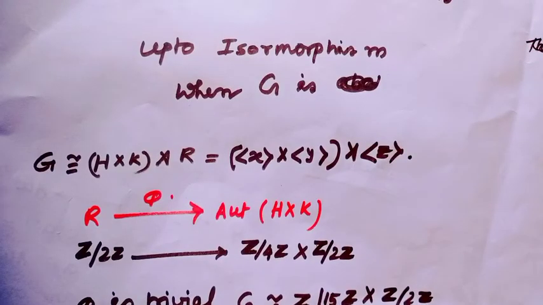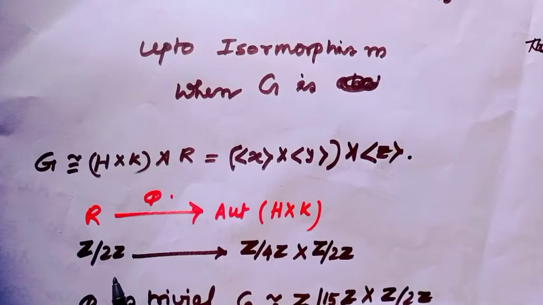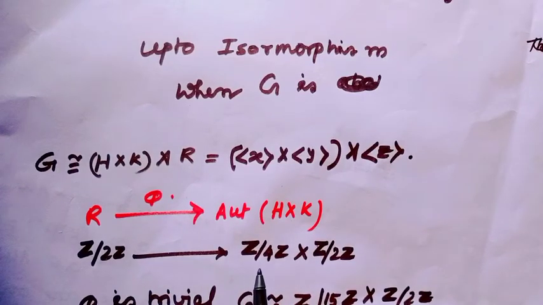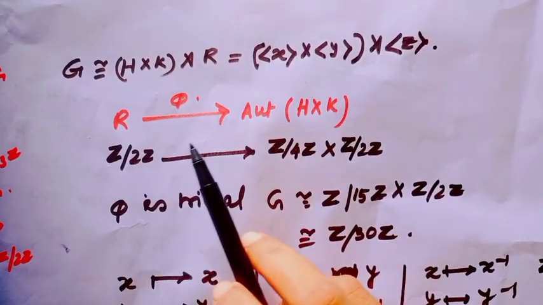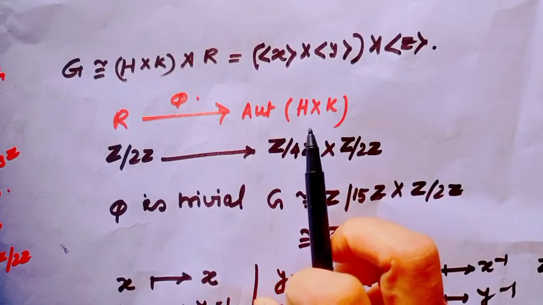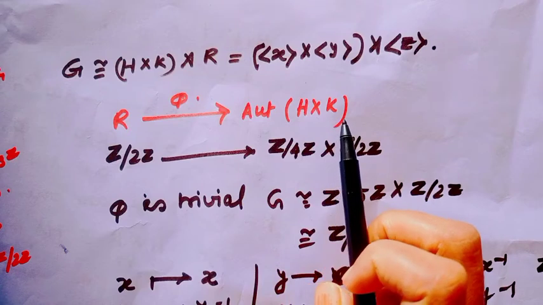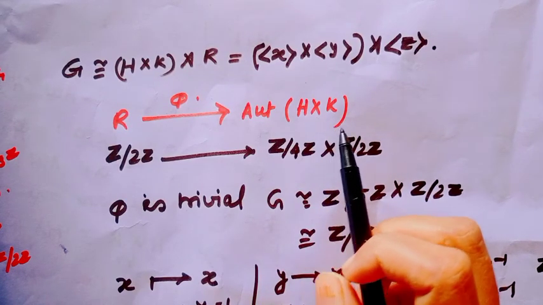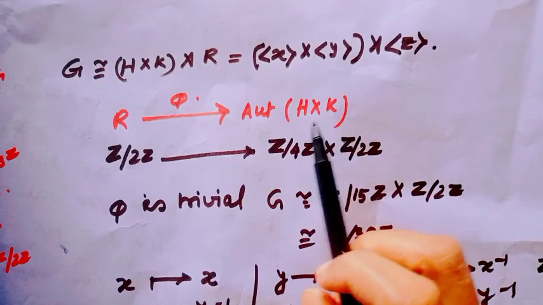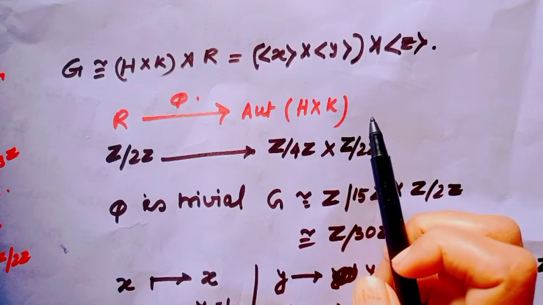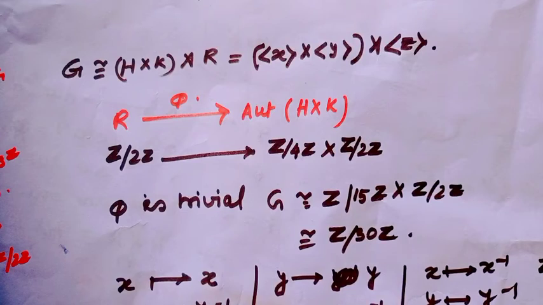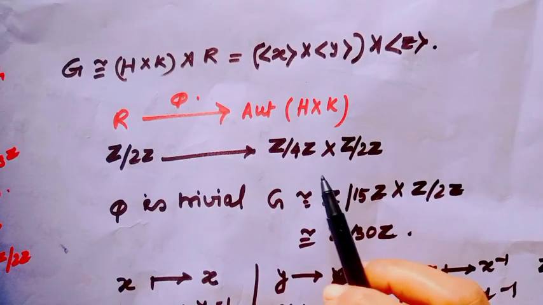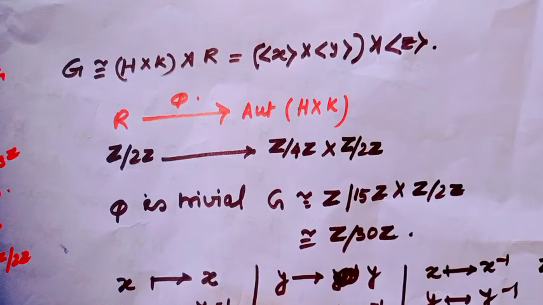Since the order of 1 in Z mod 2Z is 2, and the order of the image phi of 1 divides 2, here R sends to elements of order 2 in the automorphism group of H direct product K, and all of us know the structure of the elements of order 2 there. There exist 3 elements of order 2 in Z mod 4Z direct product Z mod 2Z.